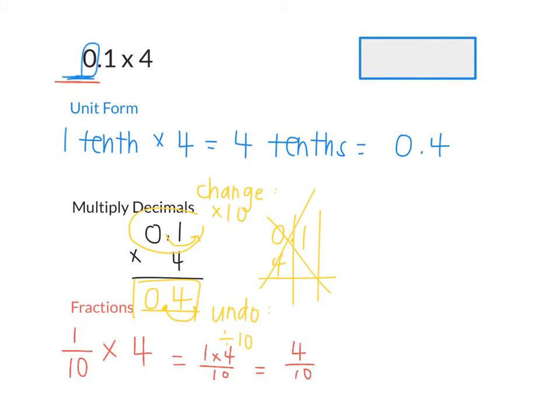How do I say 4 over 10 using words? 4/10. Is that the same as 4/10? Yes. So we can once again see that the fractions and the decimals are related. In this case, we do not need to simplify the fraction because I want you to show how 4/10 as a fraction is the same as 4/10 as a decimal.